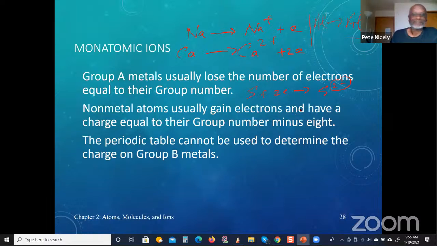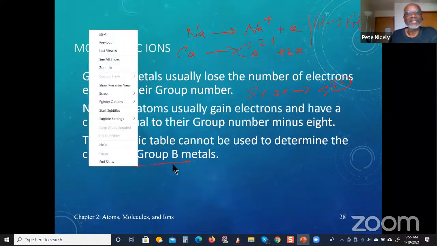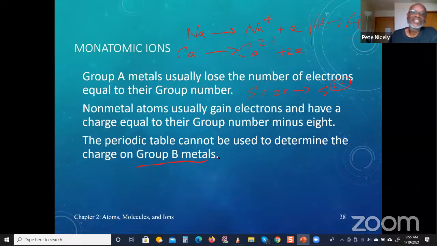Okay, now let's talk about the group B metals, meaning the transition metals. Turns out that you cannot use the periodic table to determine the charge on the group B metals. So it's basically impossible for you to predict the type of charge just by looking at the position of the elements within that group, all right?